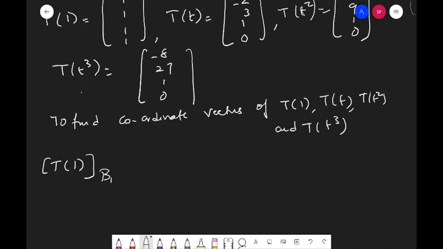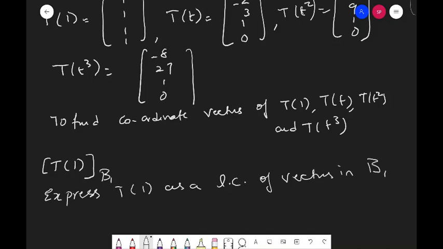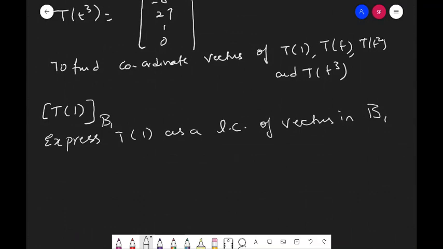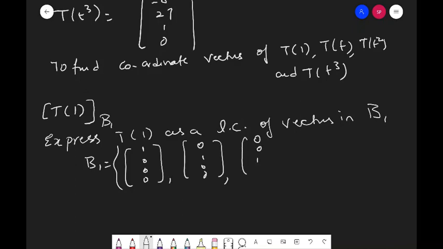For this, express T of 1 as a linear combination of vectors in B1. So what are the vectors in B1? B1 is equal to 1 0 0 0, 0 1 0 0, the standard basis, 0 0 1 0 and 0 0 0 1.